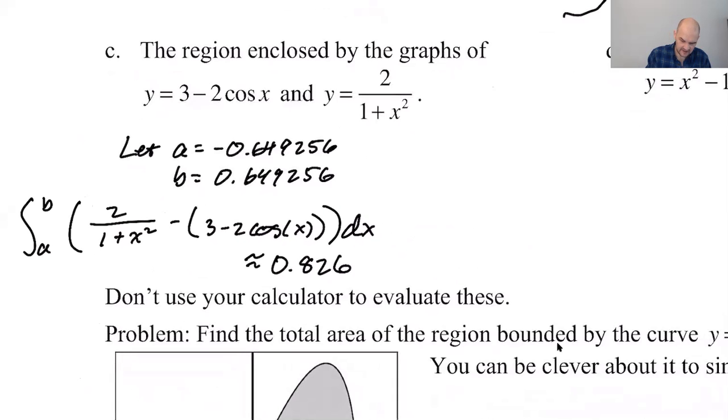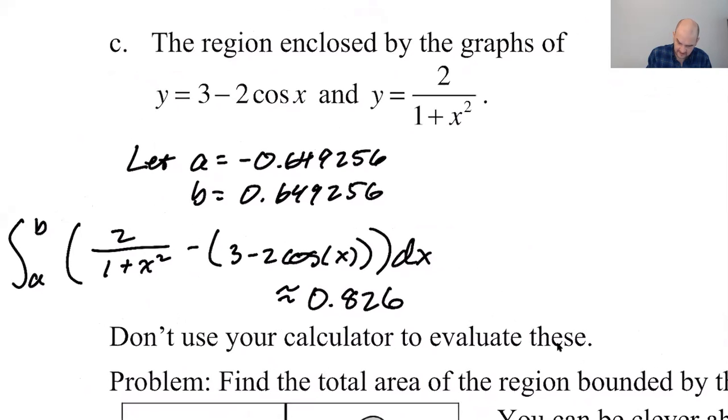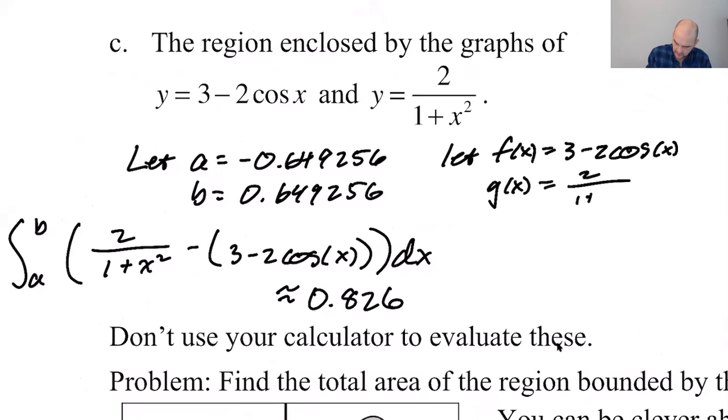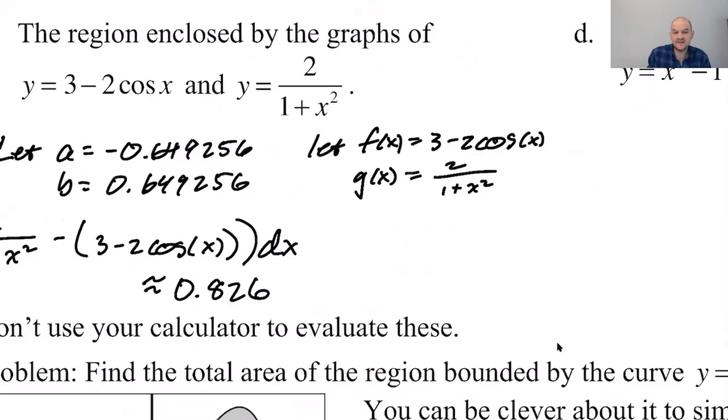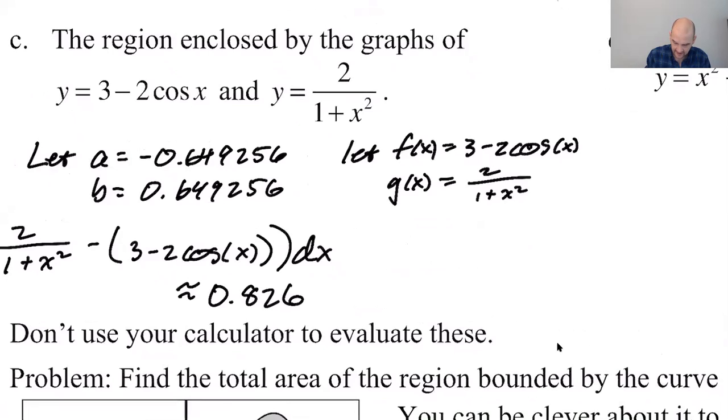Right, so what I could have done is I could have said, let f of x equal 3 minus 2 cosine of x, g of x equal 2 over 1 plus x squared. Using these let statements, the person reading your work reads them and recognizes that this is the correct integral.